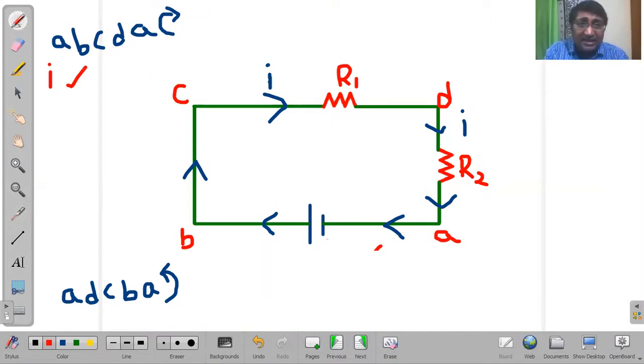You are both traveling clockwise. But if you choose anti-clockwise direction, that means if you travel from A to D, D to C, C to B, and B to A, you are traveling opposite to the direction of current, guys. So that is the important part. Both can be chosen, but it is opposite. That's the only thing you have to recognize.